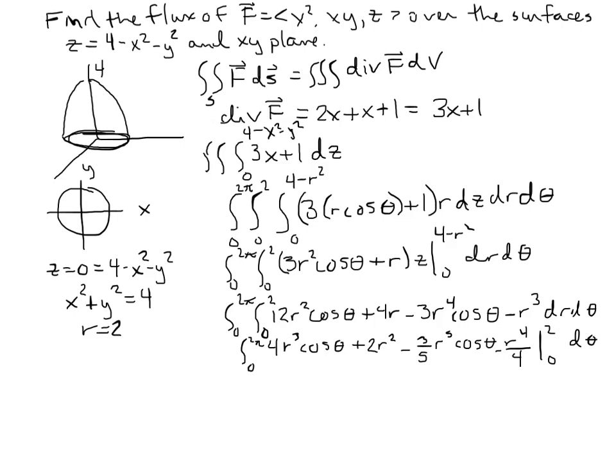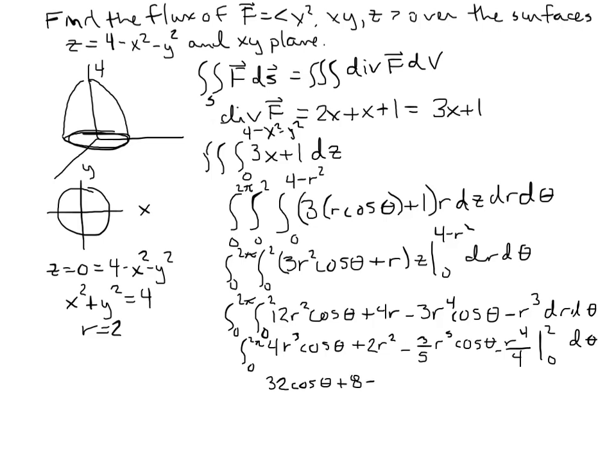Okay, so when we plug in r, 2 cubed would be 8, and 8 times 4 gives us 32 cosine theta. 2 squared is 4. 4 times 2 gives us 8.